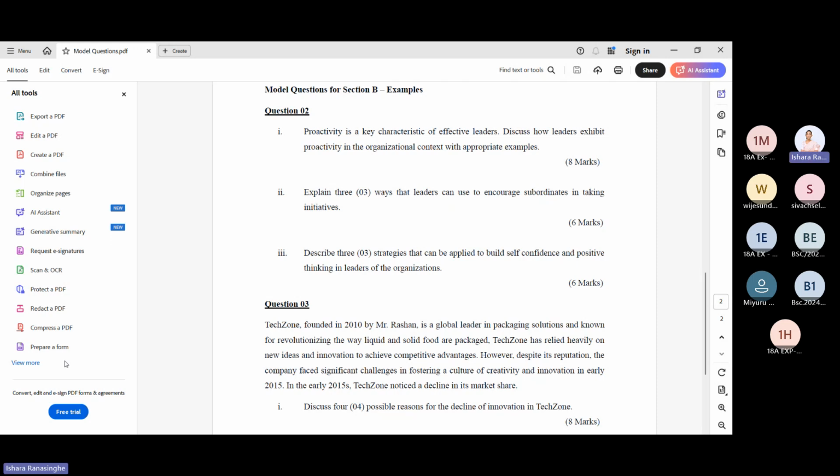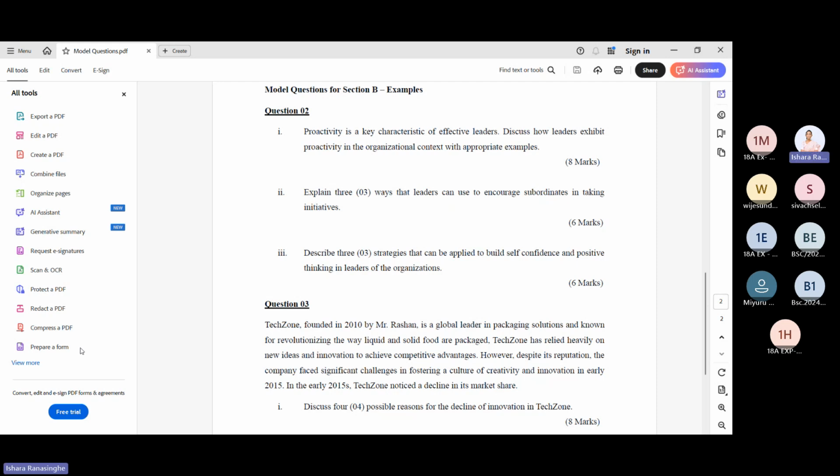How to improve the support from peers and subordinates in taking initiatives. So that sub-question number 2 is directly from this slide number 9, right? So here 5 points, and out of these 5 points, just here I'm not expecting examples also. Write down the 3 points and explain them briefly.